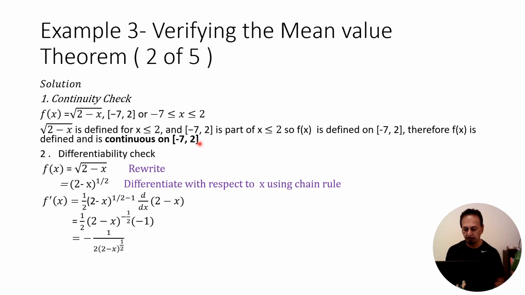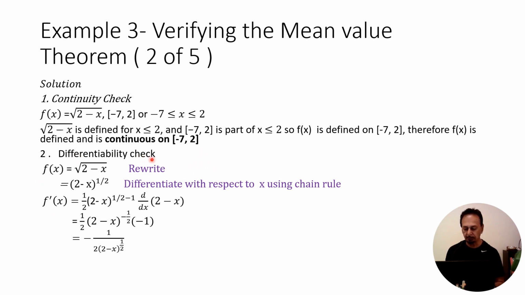And negative 7 to 2 is just a part of this domain. So if f of x is defined on x less than or equal to 2, it's also defined on the given interval negative 7 to 2. Therefore, f of x is defined and is continuous on the given closed interval negative 7 to 2.